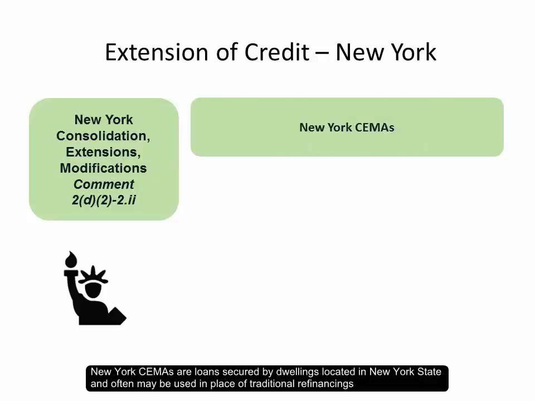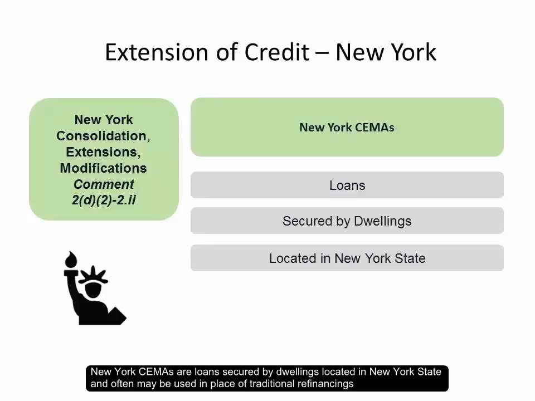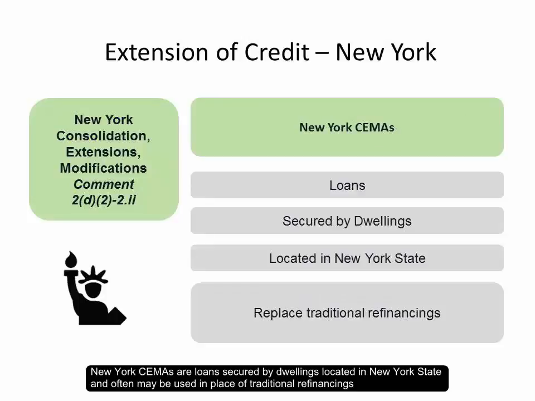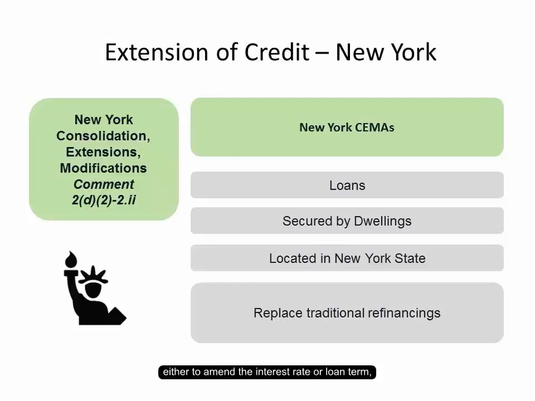New York CEMAs are loans secured by dwellings located in New York State and often may be used in place of traditional refinancings, either to amend the interest rate or loan term, or permit the borrower to take cash out.